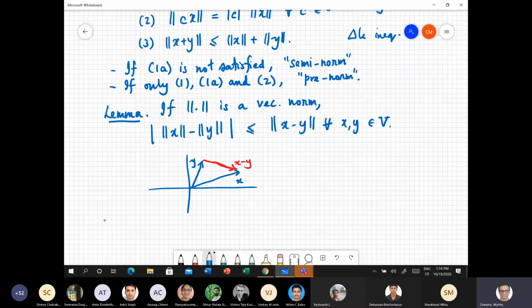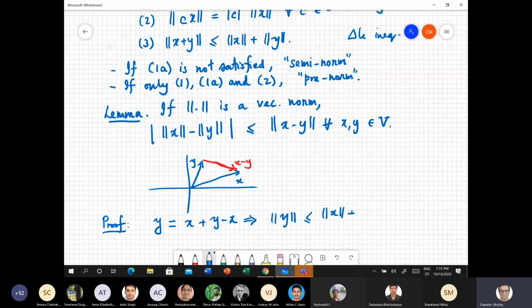So how do we show this? It's very simple. We take y and write y equal to x plus y minus x. If I take the norm on both sides and apply the triangle inequality, this is less than or equal to the norm of x plus the norm of y minus x.